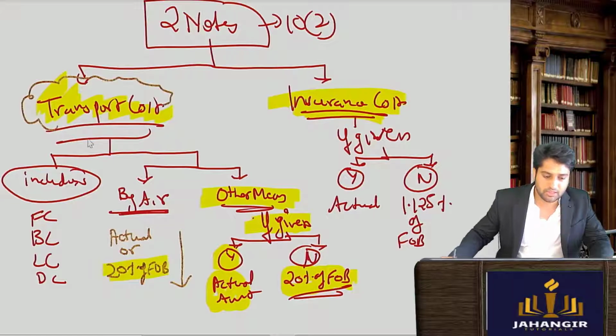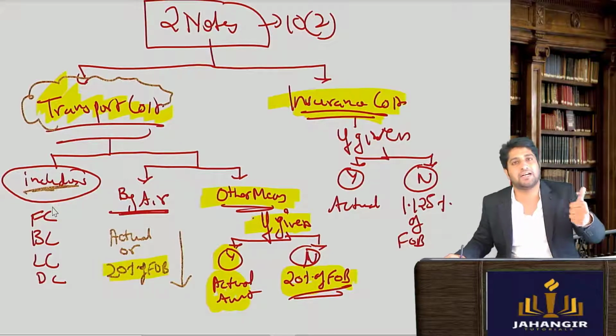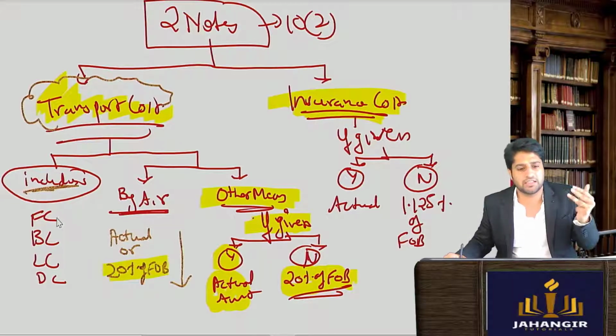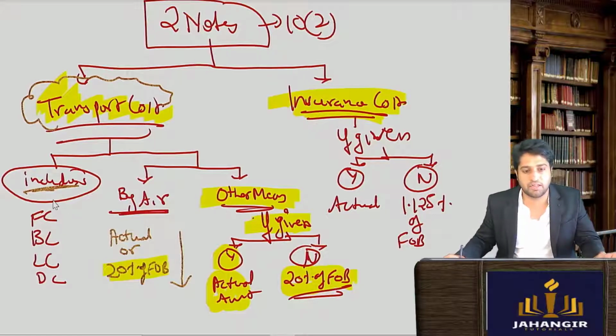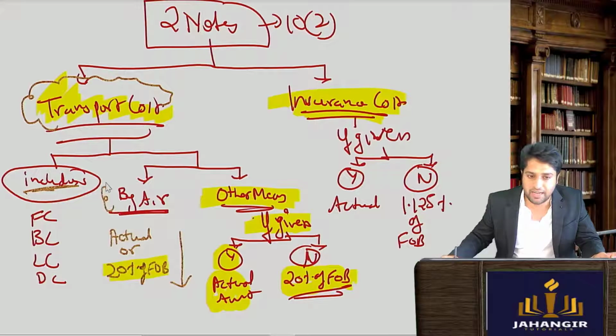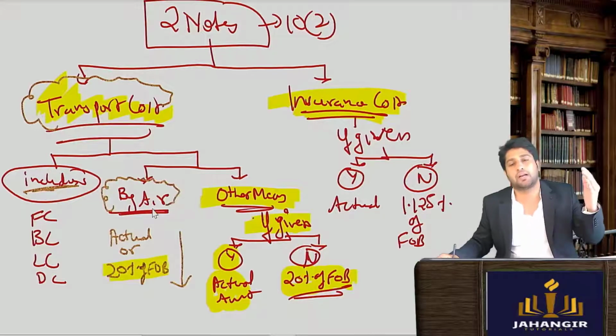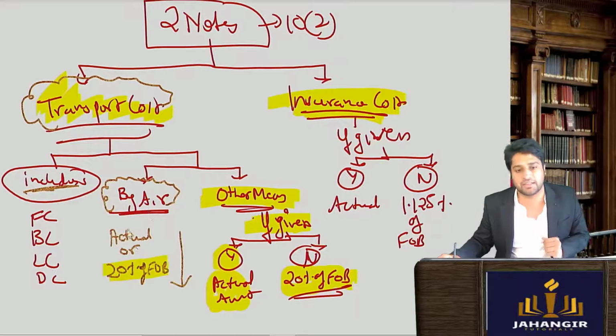Transportation cost includes freight charges, bar charges, lighterage charges, demurrage charges, any of these names. It will include all of this. If you are importing the goods by air, then the transportation cost will be actual or FOB value, whichever is lower.